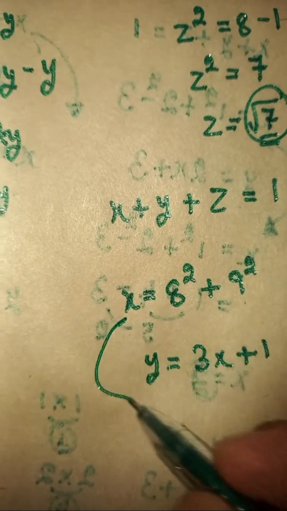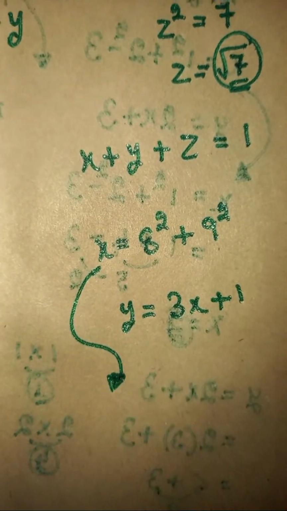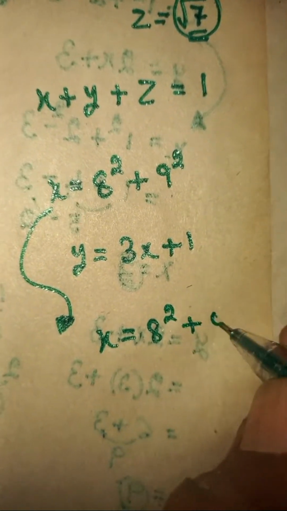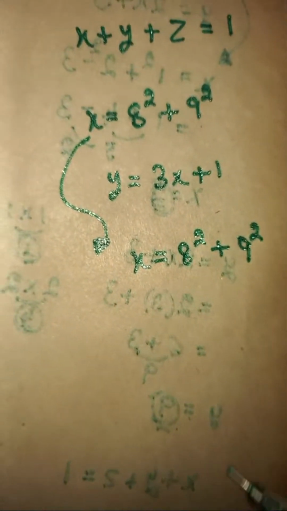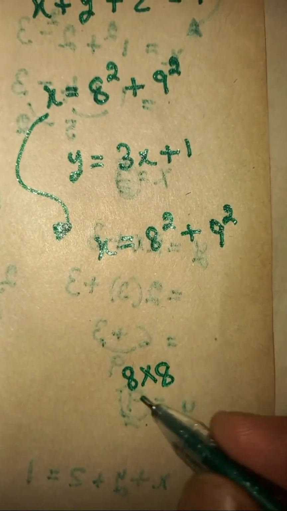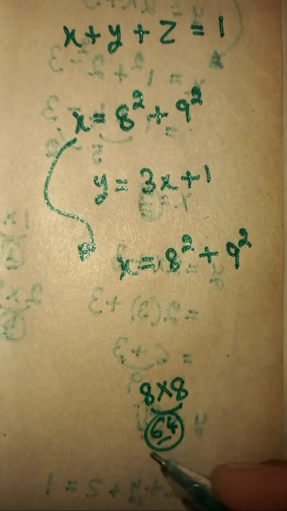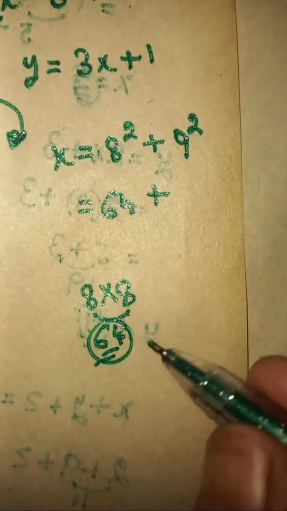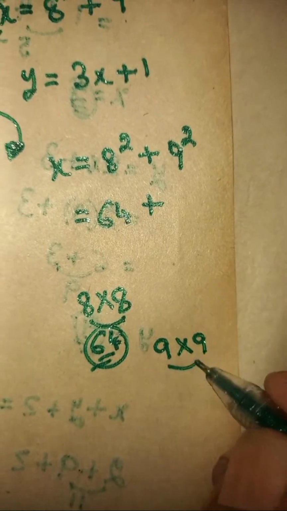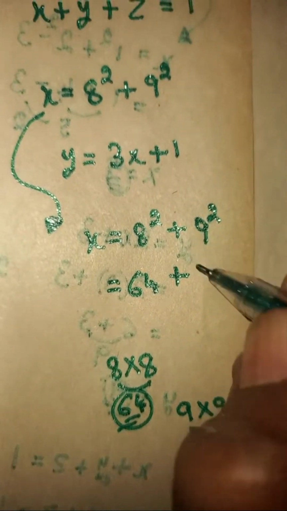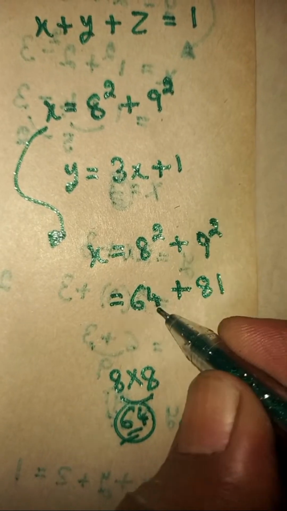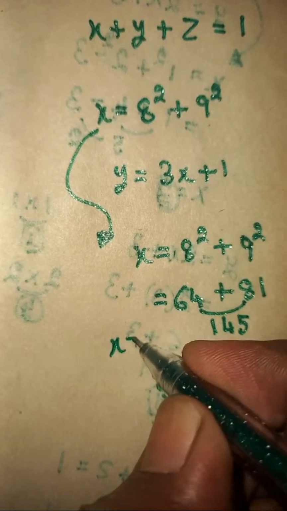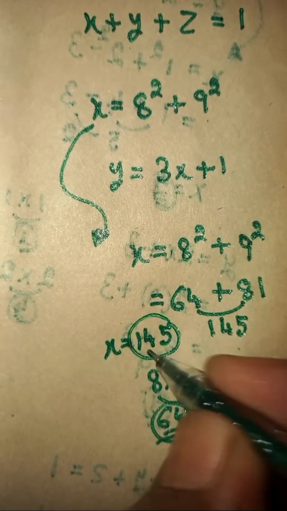Let's find the x value first. x equal to 8 square plus 9 square. 8 square means 8 times 8, which is 64. 9 square means 9 times 9, which is 81. 81 plus 64 becomes 145. That is the value of x, which is 145.